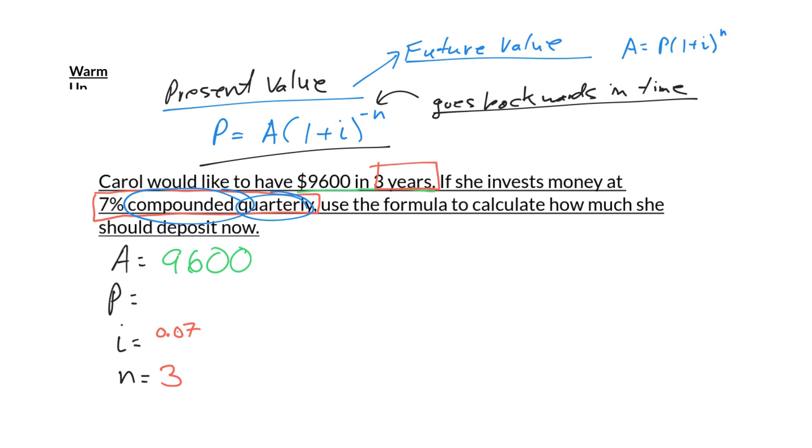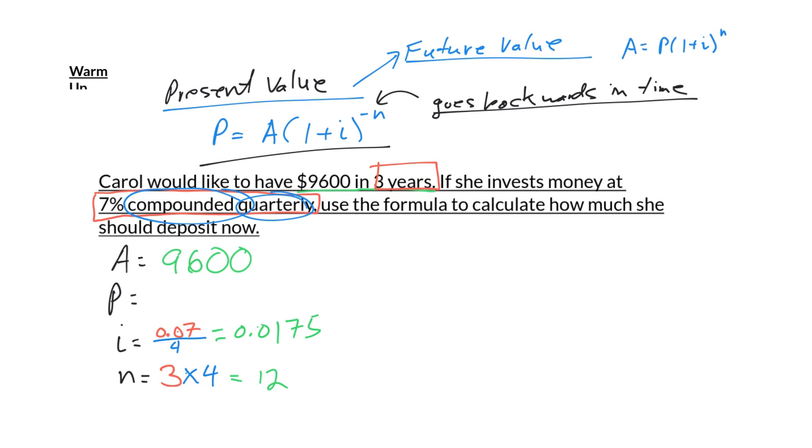So in order to do that, when we have our rate, we're going to divide by 4, but then for our years, we must multiply by 4, which means our rate is going to equal 0.0175. And the number of compounding periods, n, is going to be 12.